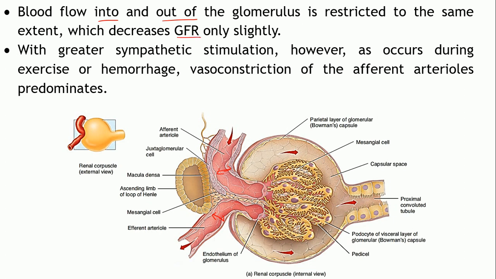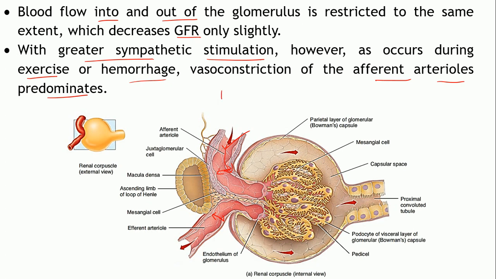But with greater sympathetic stimulation, say for example when you are exercising, or in case of hemorrhage, vasoconstriction of the afferent arterioles will predominate. So this constriction at these afferent arterioles will take place more as compared to this one. So incoming blood is getting reduced. So what will happen to your GFR?